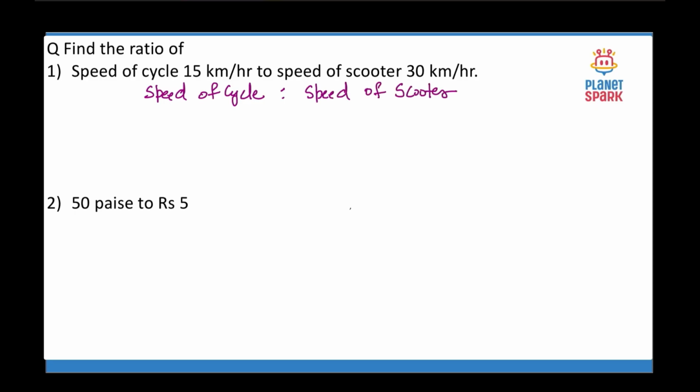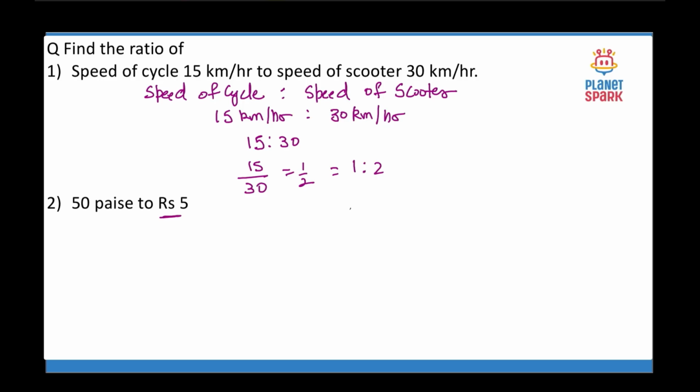In this case, the units are the same, kilometer per hour. So it is going to become 15 km per hour ratio 30 km per hour. 15:30 means 15/30 in fraction, in simplest form 1/2, which is read as 1:2.